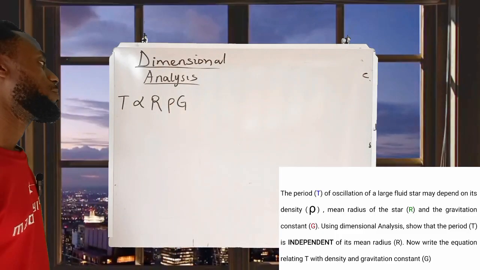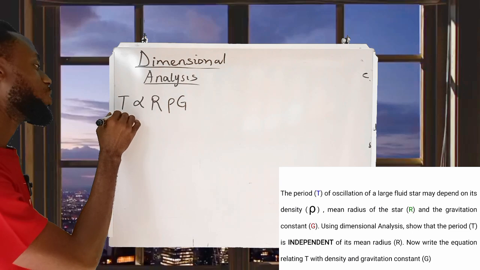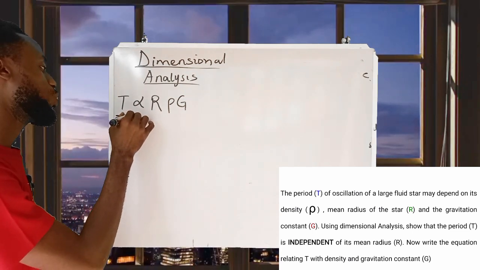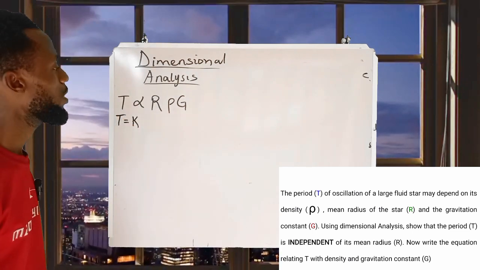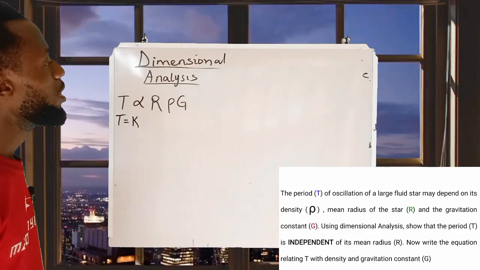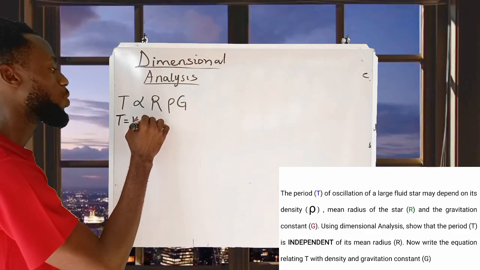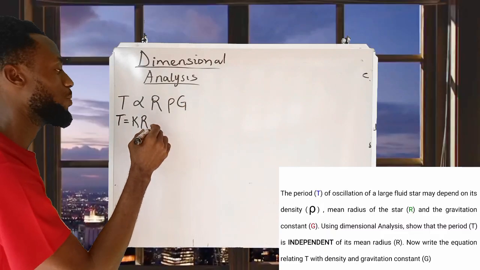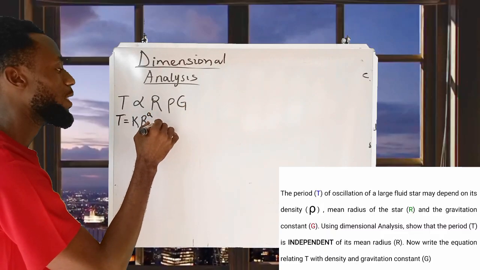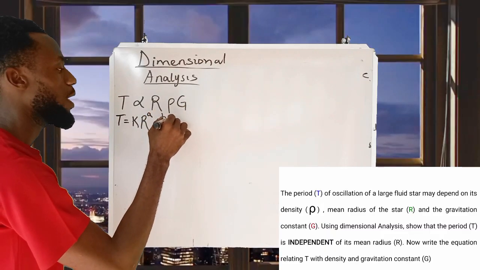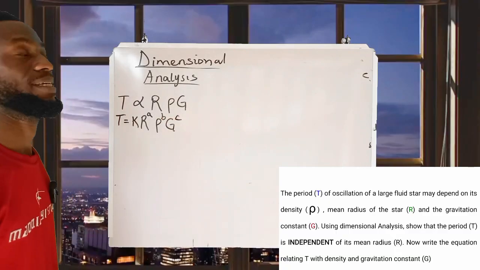We can now turn the variation into equality, and remember what I said we always do: we introduce a constant, and since we don't know the nature of the variation, we will introduce constants on each of them. So I'll be using A, B, and C.